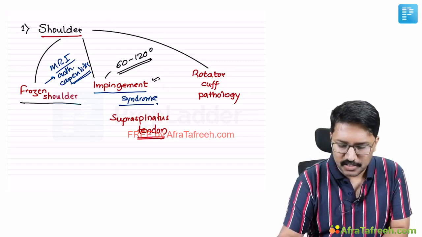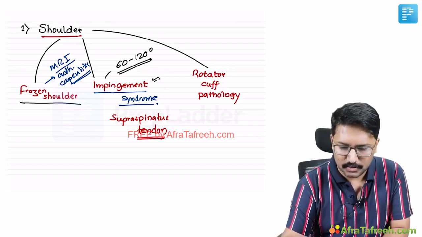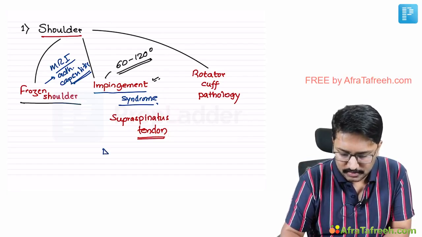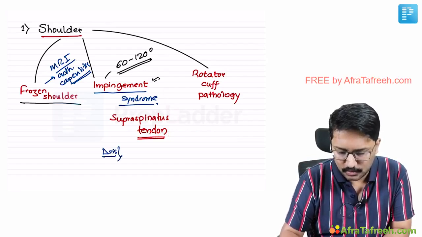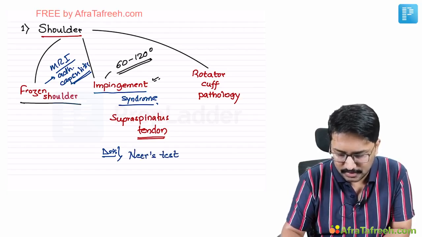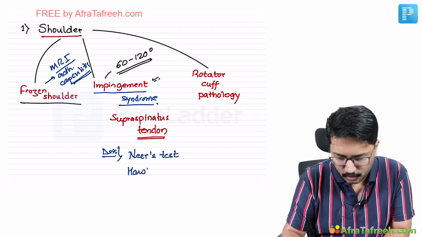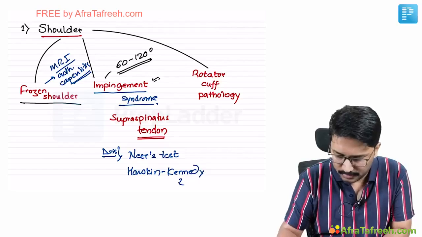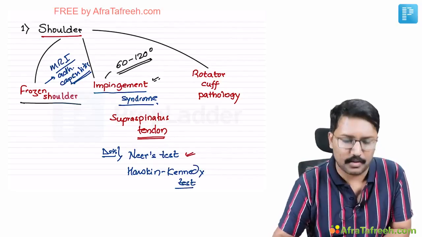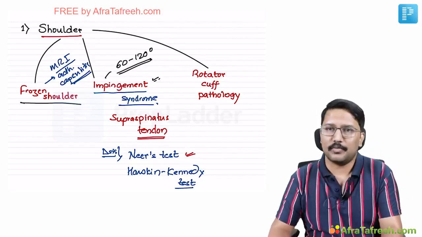Okay. So once we have suspected impingement syndrome, how do we diagnose it? Clinical diagnosis; the test is called Neer's test. There are two tests, in fact, Neer's test and Hawkins-Kennedy test. Neer's test is very simple to do, and this is what most of us do in our OPD. Right? So what do we do in Neer's test? What is the abnormality here?